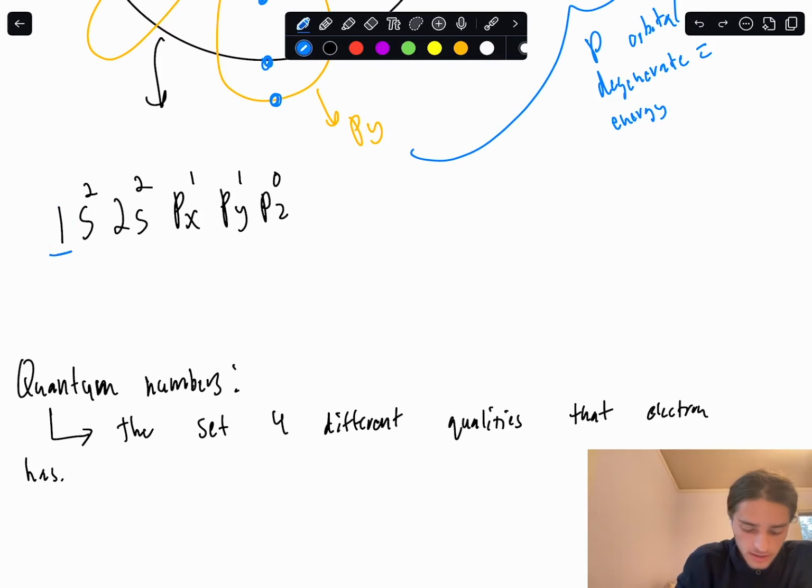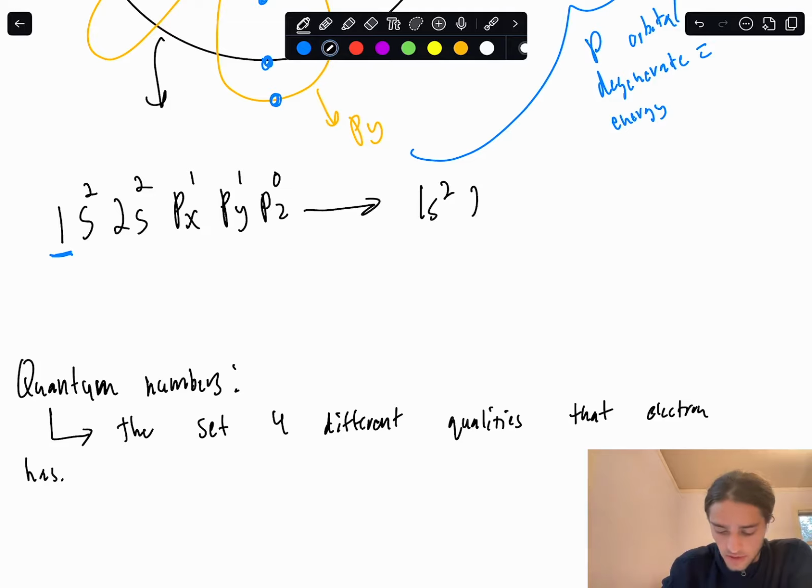Actually, let me rewrite our electron configuration into a more standard version. The standard way you might see it would look something like this: 1s2, 2s2, 2p2. This would be carbon's electron configuration.